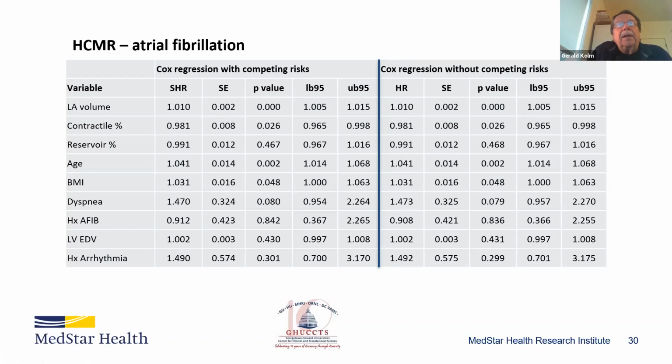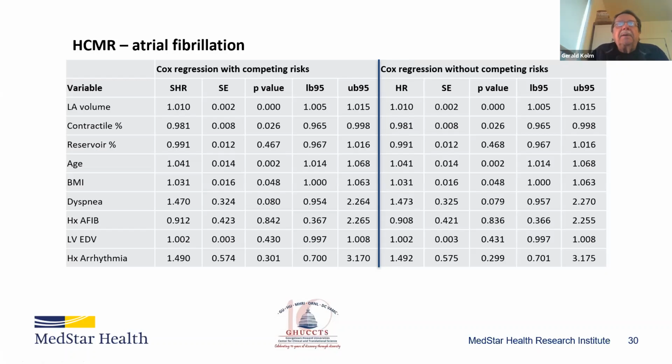And in our study, it may be because we had very few deaths. In fact, I think there were 24 deaths out of the 2,300 or so that we had in our study.